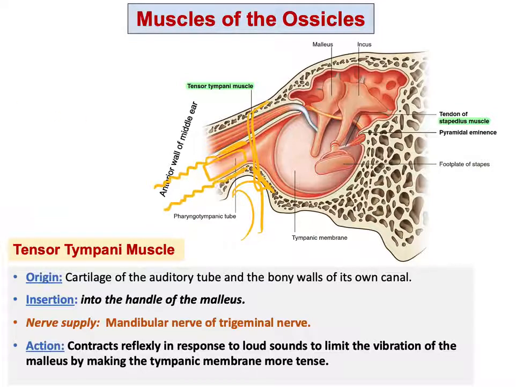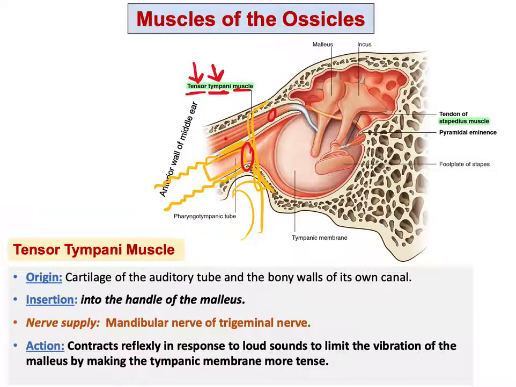Most importantly, you have another opening, other than this one. You have an opening for a small muscle called the tensor tympani muscle, because it tenses the tympanic membrane. This is the tympanic membrane. How does it tense the tympanic membrane?